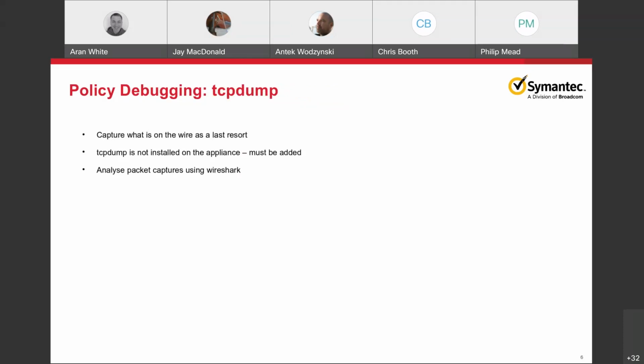And last, TCP dump, capture what is on the wire, only as a last resort. It's a classic statement around the Layer 7 community that 9 times out of 10, when somebody points the finger at the gateway, it's actually not the gateway, it's somewhere else. And they'll say, well, something's wrong with this policy or whatever.